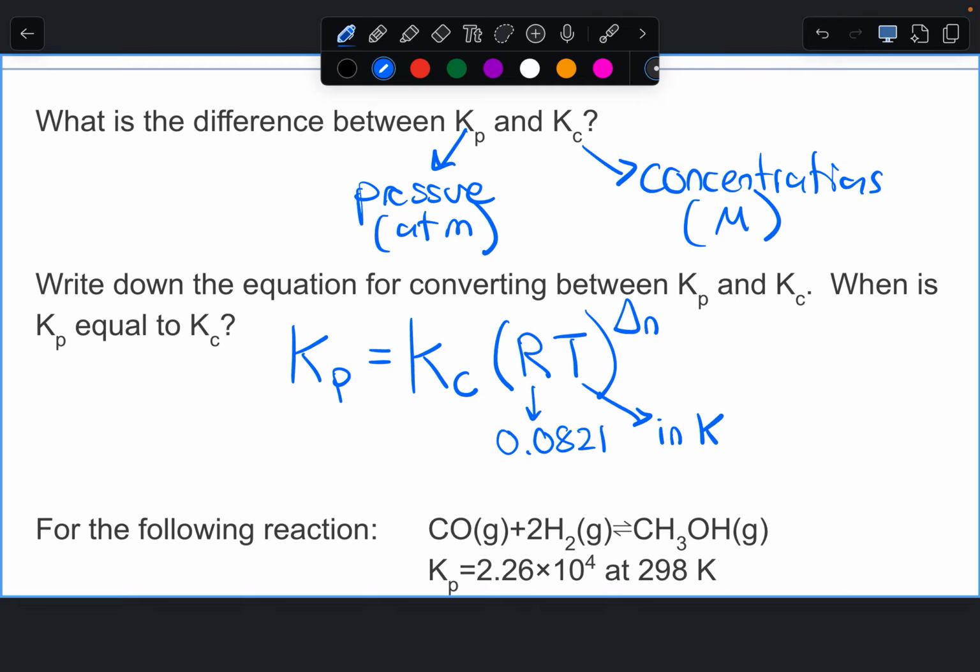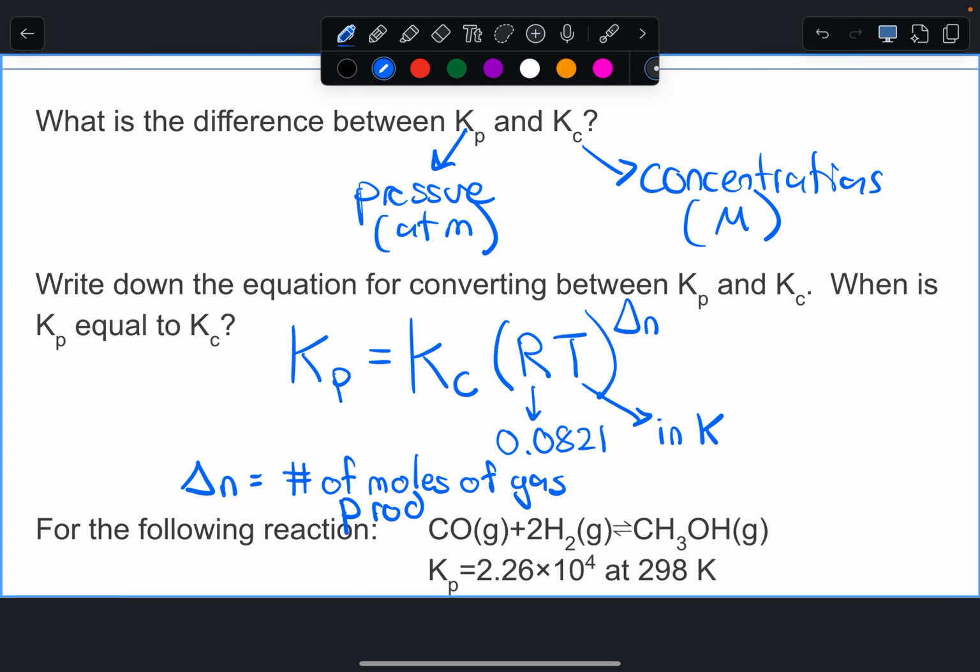What we mean by this is you take the number of moles of gas, specifically of gas, in the products, and you subtract the number of moles of gas in the reactants.